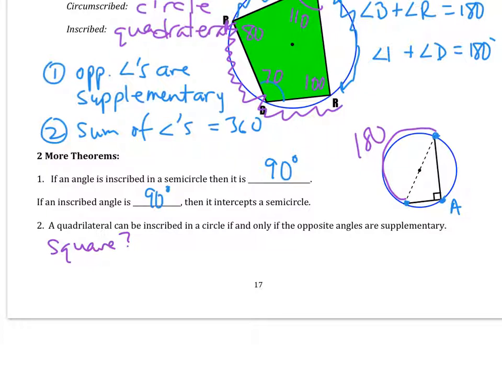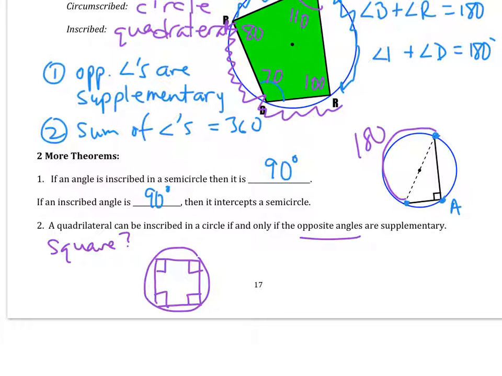So you're saying yes, then the opposite angles in a square are supplementary. Yes, you are correct. Okay? Because wouldn't you agree that a square has 90 plus 90 is 180? And going the other way, 90 plus 90 is also 180.